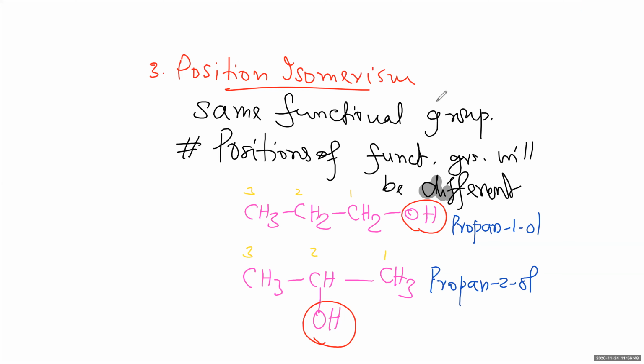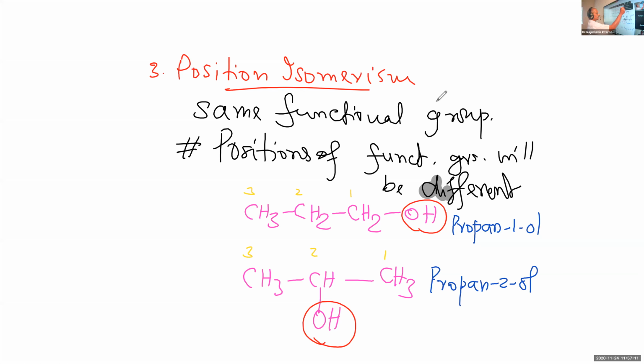So position isomers have same molecular formula, same functional group, but the positions of the functional groups will be different. For example, propan-1-ol and propan-2-ol are two position isomers.